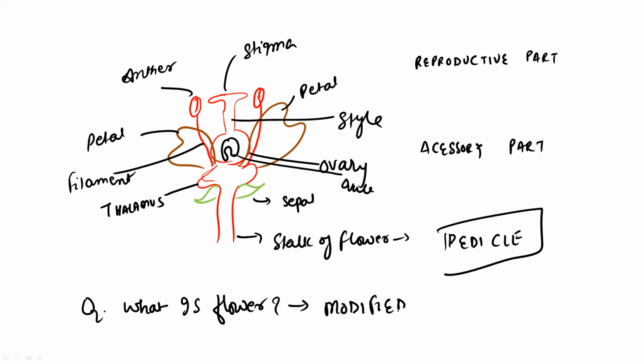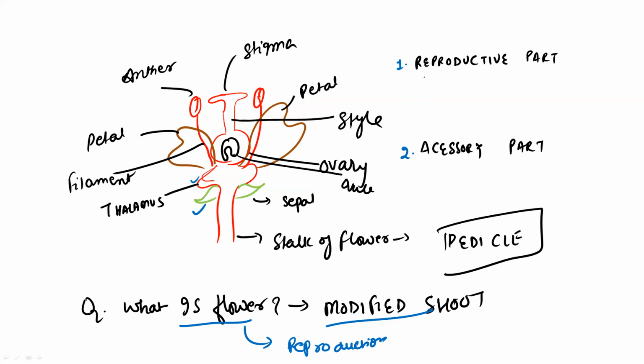If you see this sepal, this thalamus, actually your thalamus is a modified shoot, and this thalamus consists of various nodes and internodes, right? From the nodes you are getting the petals and all these further parts. So a flower is basically a modified shoot, and this flower is basically taking part in reproduction.